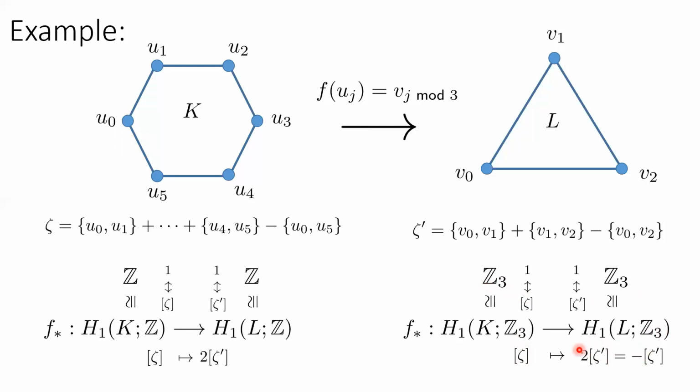So 2 is congruent to -1 modulo 3. So in fact, zeta, which is going around this direction, is going to minus zeta prime, so it's going around this direction. It is interesting, and it's important to remember how the algebra may change the geometric intuition that we had before.